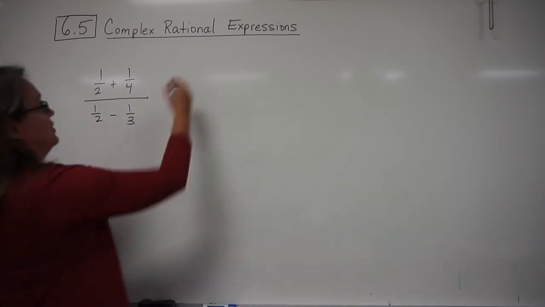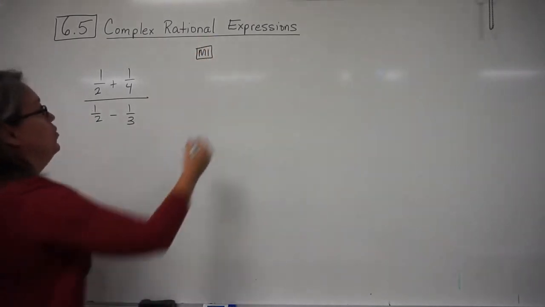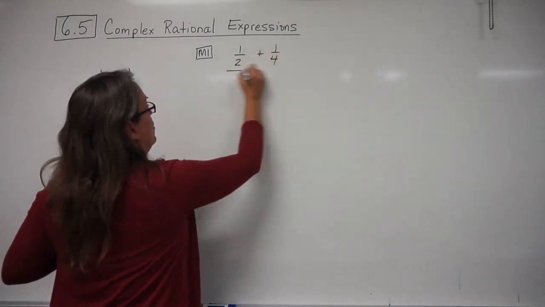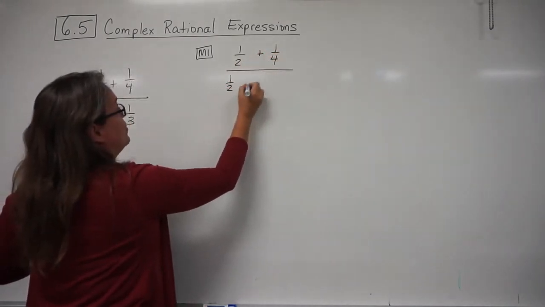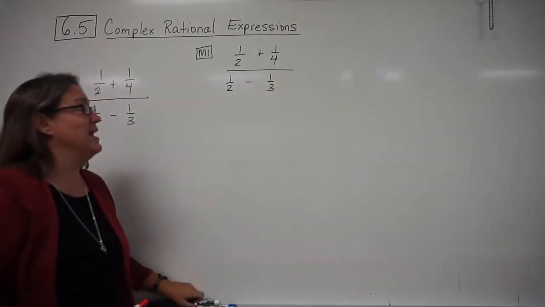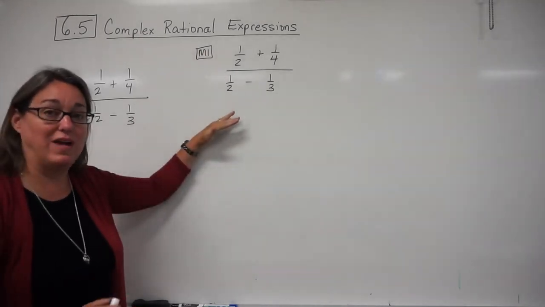first method, so again, method one, we've got a half plus a fourth over 1/2 minus 1/3. We need to try to get the top to be one single fraction and the bottom to be one single fraction.